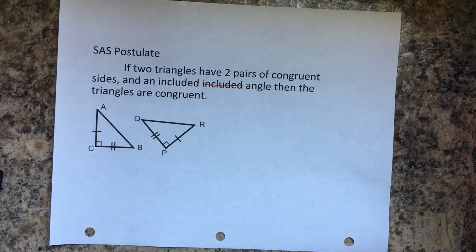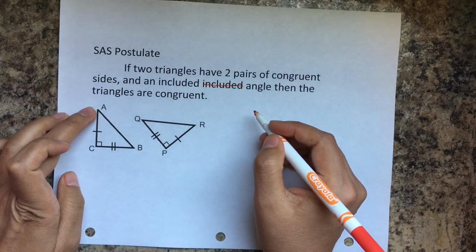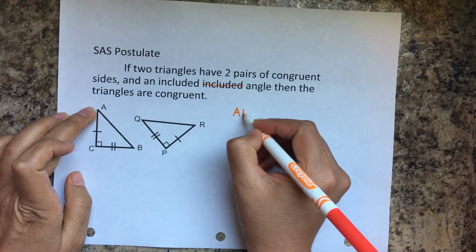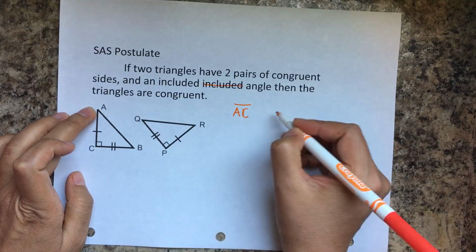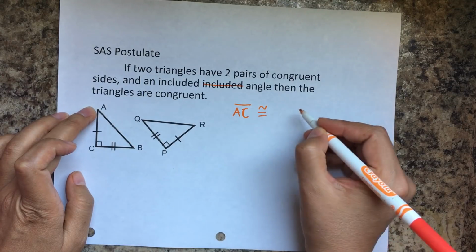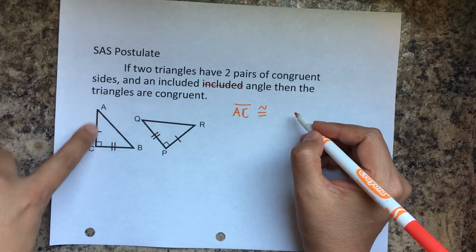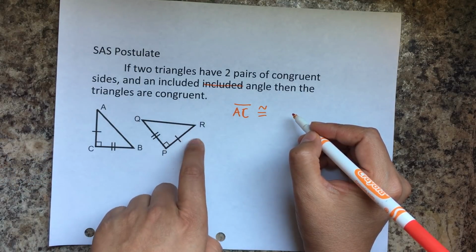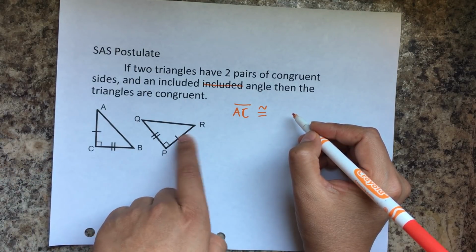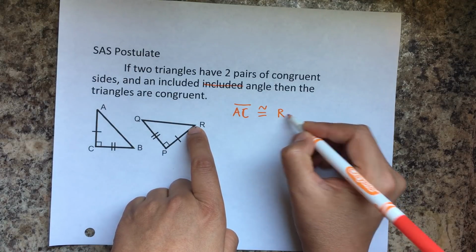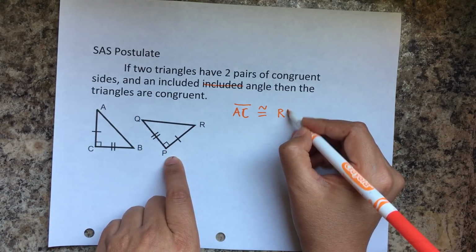so in here, let's start doing it. We can say that side AC is congruent to side AC. So I went from pointy to right, with one marking from pointy to the right angle.